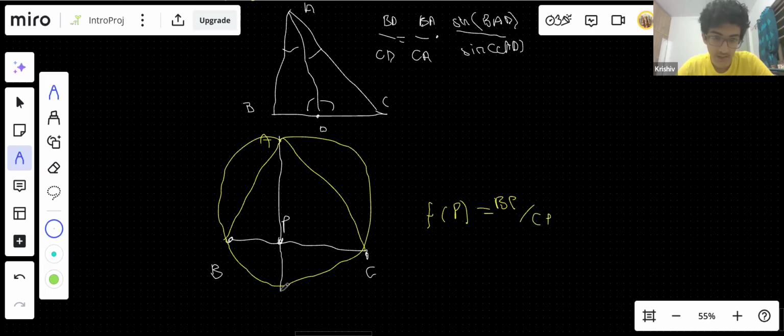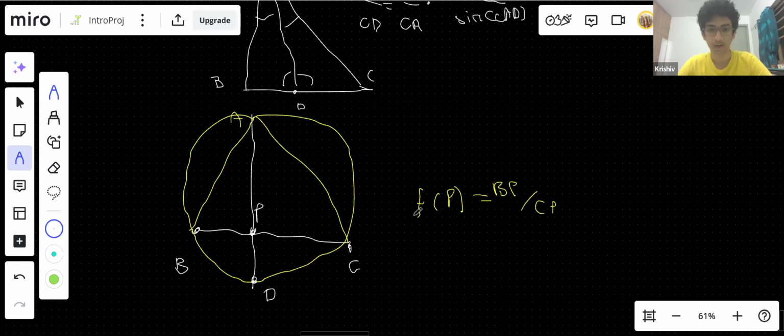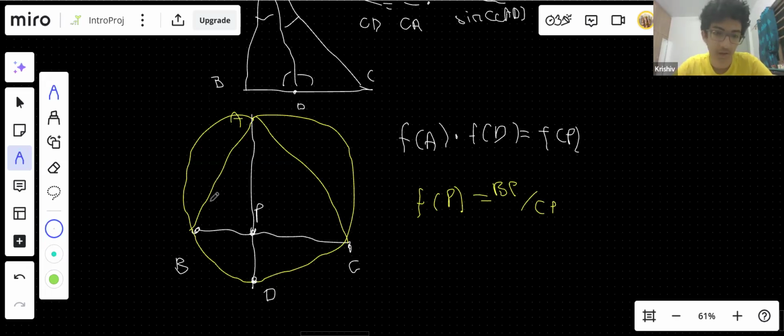But I'll extend this to the circumcircle and let this point be D. What I'm claiming now is that f of A times f of D is equal to f of P. This just says that BP over CP is equal to BA over CA times BD over CD. That's all this is. There's nothing complicated about the f thing.